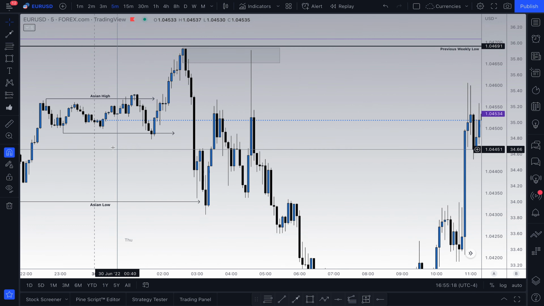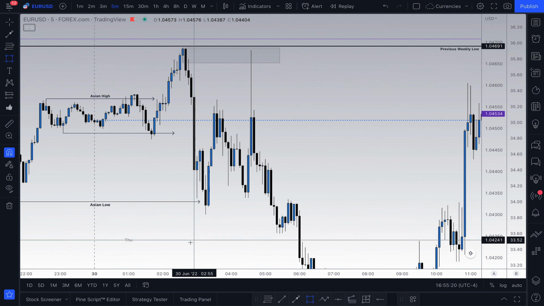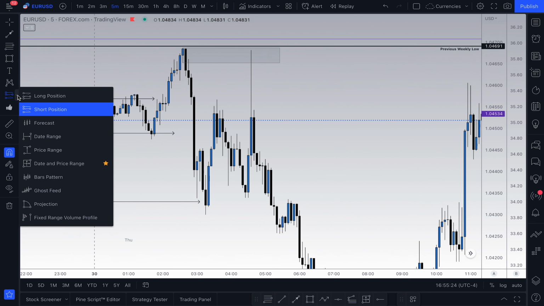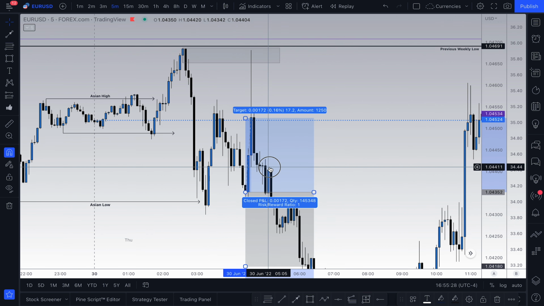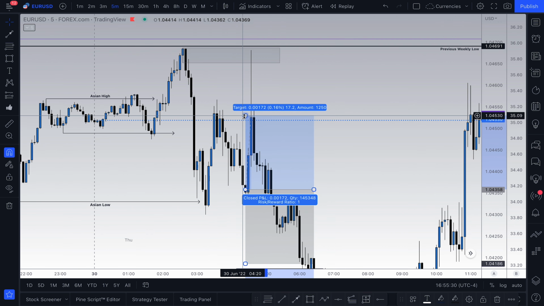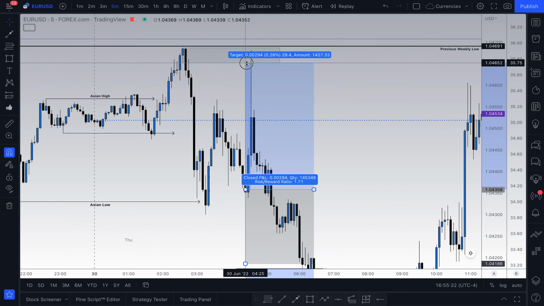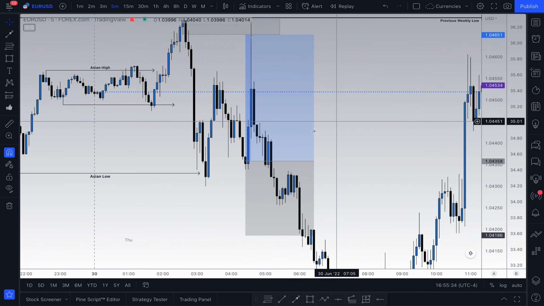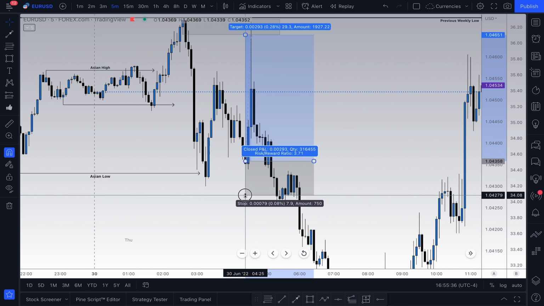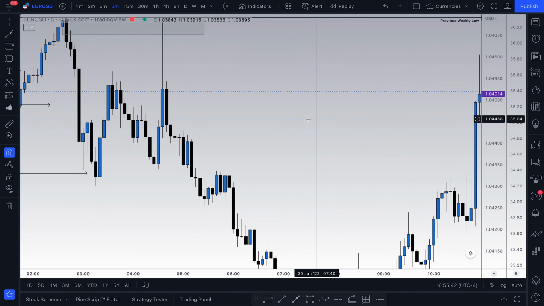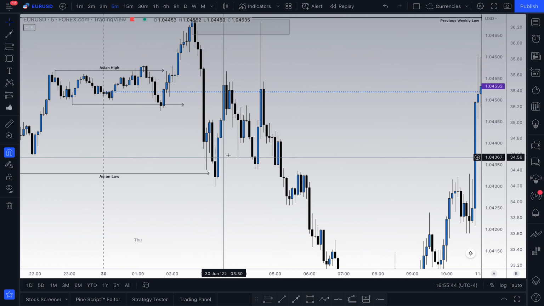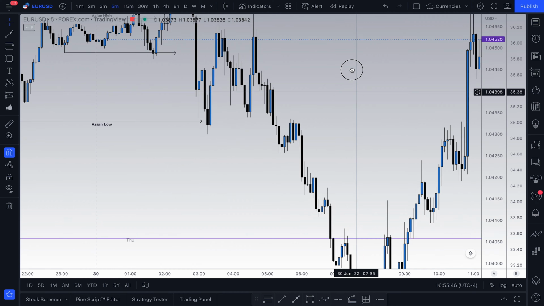And that still would have been a good trade, because if you traded that, put it below here, it could have been another 1-to-4, 1-to-5 type of trade, but that wouldn't be a high probable setup for me.